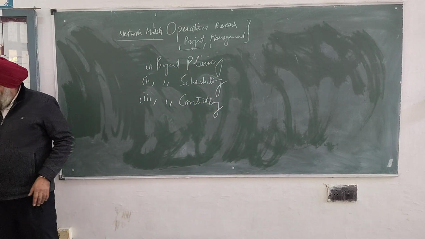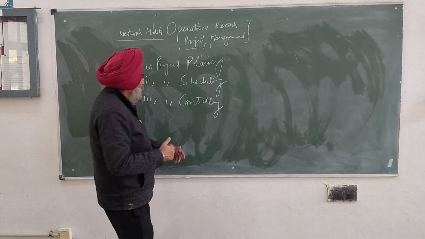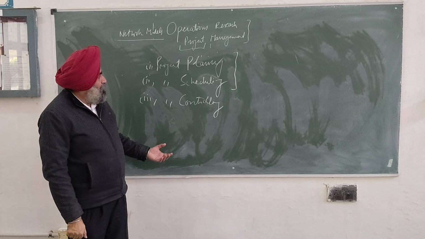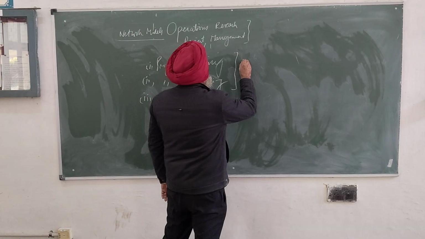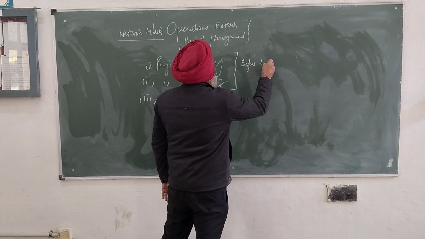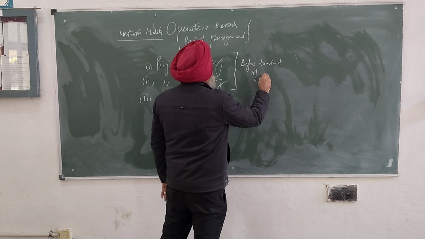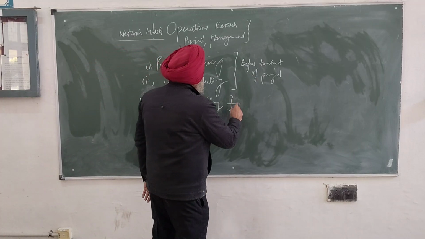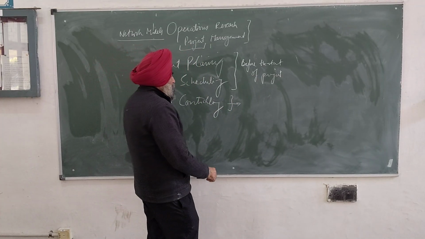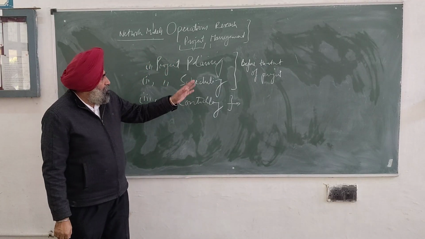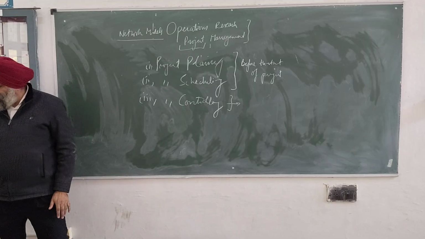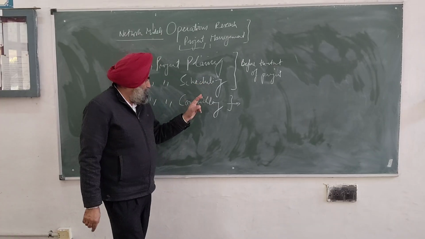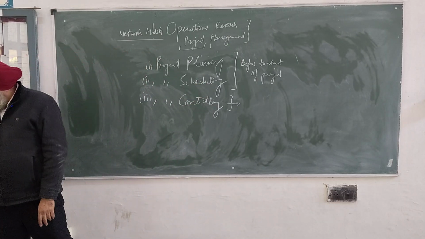Planning and scheduling happen before the start of the project; these are two activities which have to be completed before the start of the project. Project controlling comes into the picture when we are actually implementing the project. So these are the three parts or functions of project management: project planning, project scheduling, and project controlling.